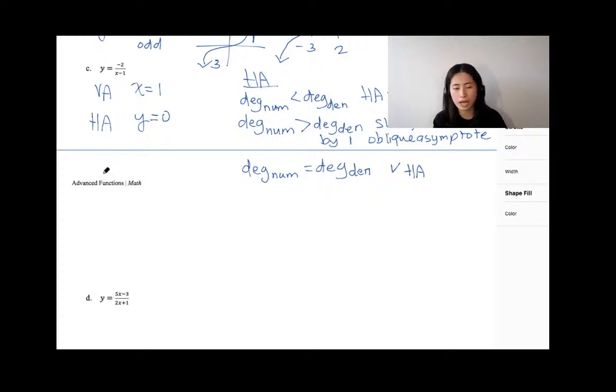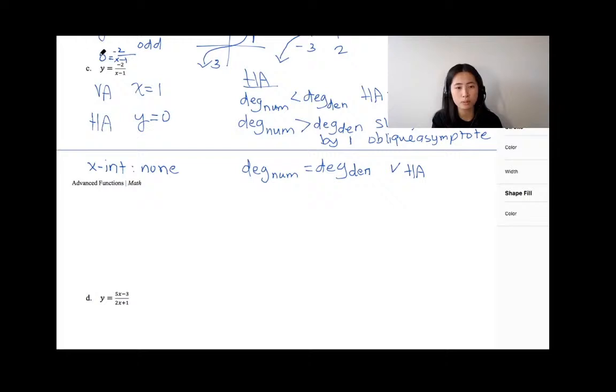So now we have the vertical asymptote and horizontal asymptote, and we also have to find our intercepts, because we have x-intercepts and y-intercepts. So maybe we can look at our x-intercepts. The reason it's none for this particular function is because when y is 0, you have 0 equal to negative 2 over x minus 1.